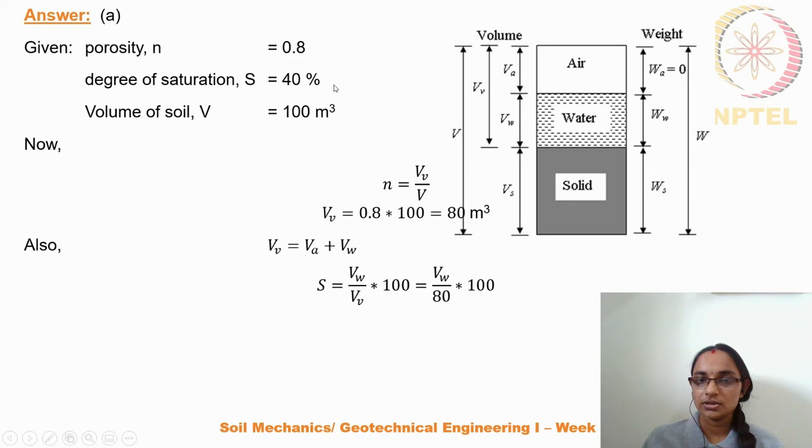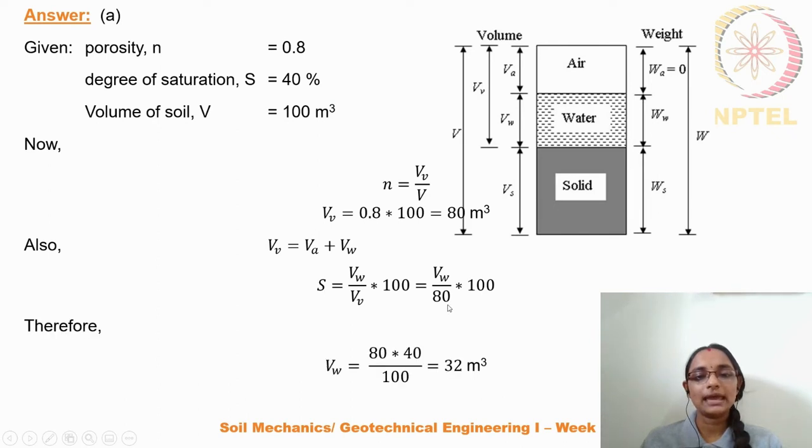Substituting in this equation, we get volume of water as S into 80 by 100, that is 40 into 80 by 100. This 100 comes in here because S is in percentage. If S was in decimals, this 100 is not required. So volume of water, we got it as 32 meter cube.